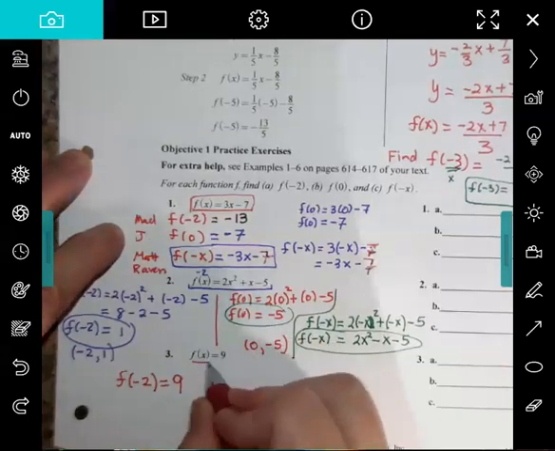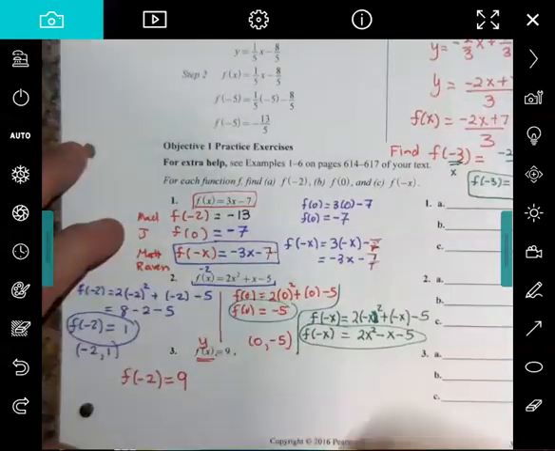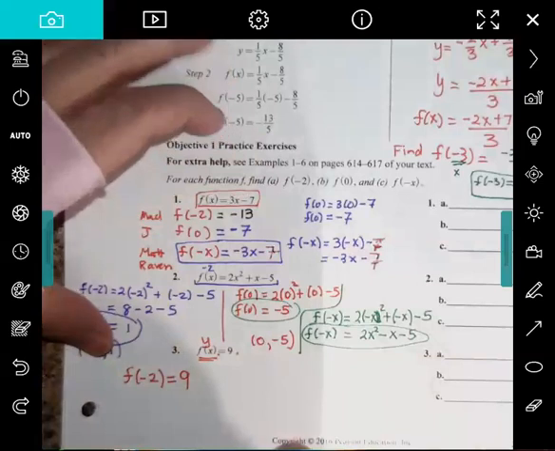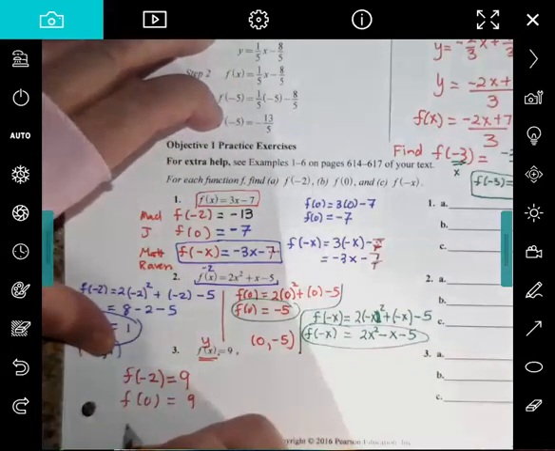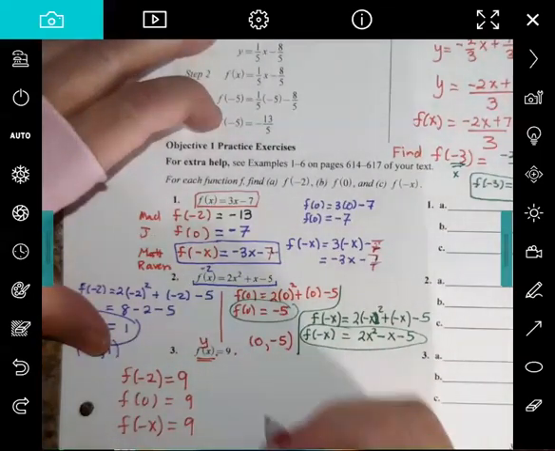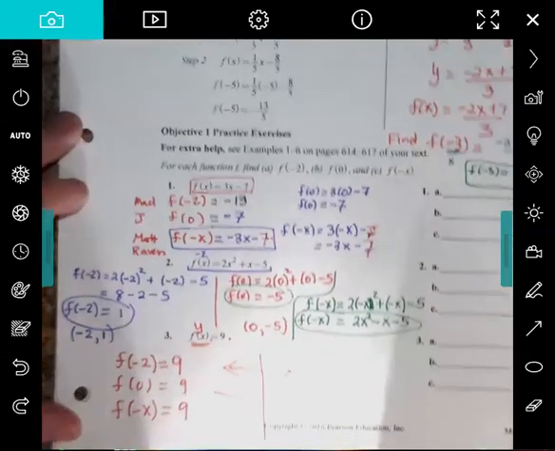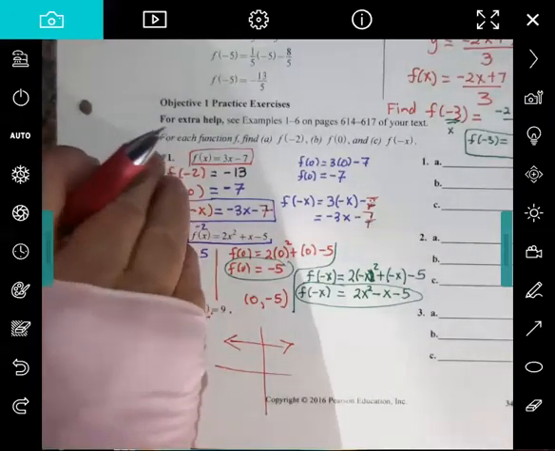Because this is telling us that y is 9, nothing else, right? It's just 9. So if we put a negative 2 in, we get a 9. If we put a 0 in, we get a 9. If we put a negative x, we get a 9. Whatever we put in, we get a 9. This is a constant function, 9 units up. I like that one. That was easy. It doesn't happen very often, though.